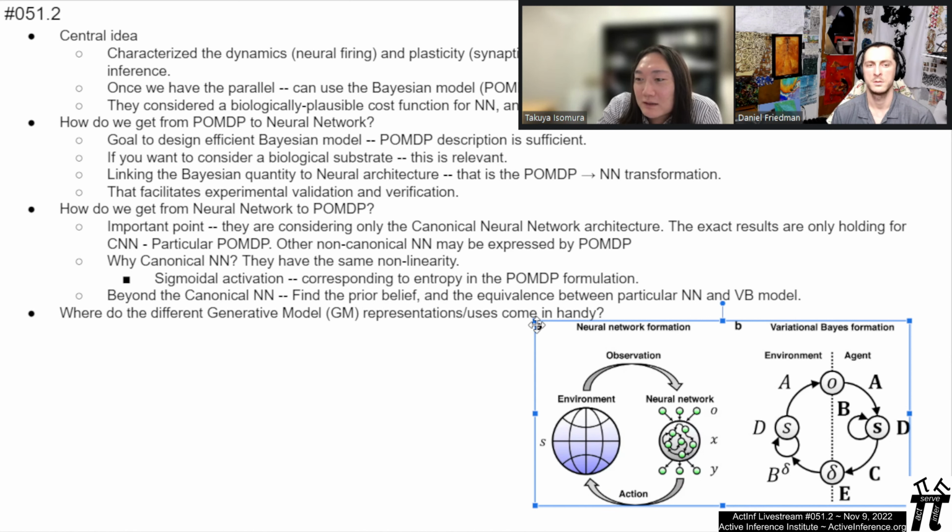There is some mapping, but it is not straightforward. We may have multiple mappings, but once you translate the Bayesian model to a particular neural network architecture, the relationship between empirical data and such a neural network model is straightforward. So it helps us apply Bayes to an explanation of empirical data.